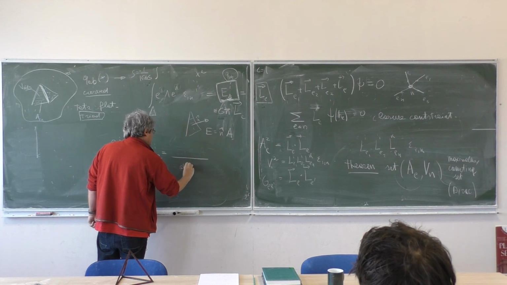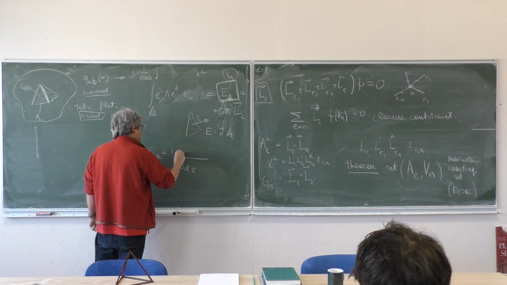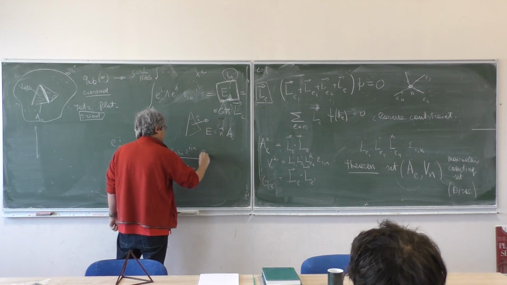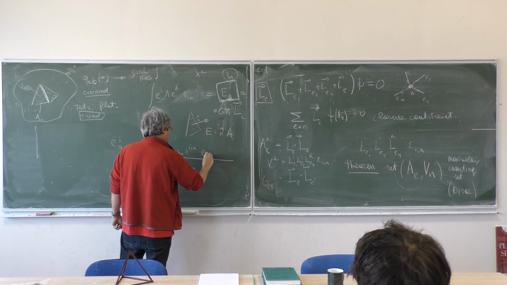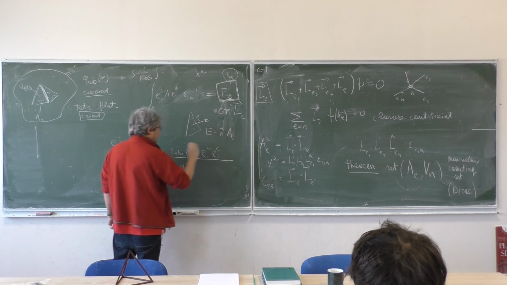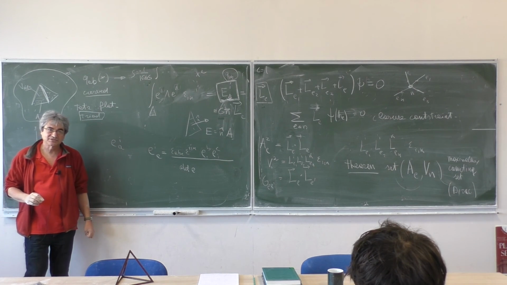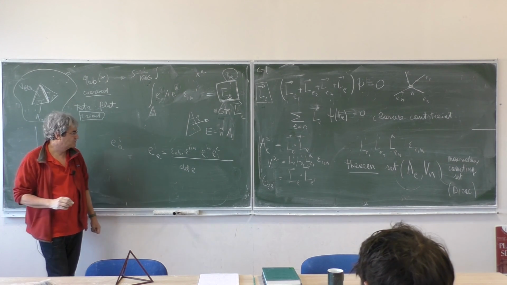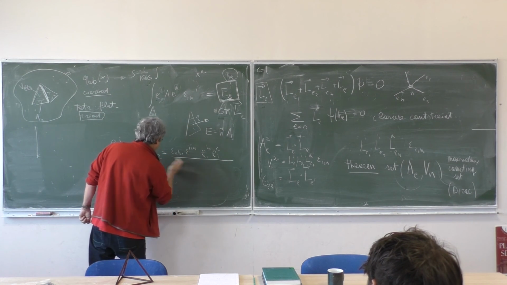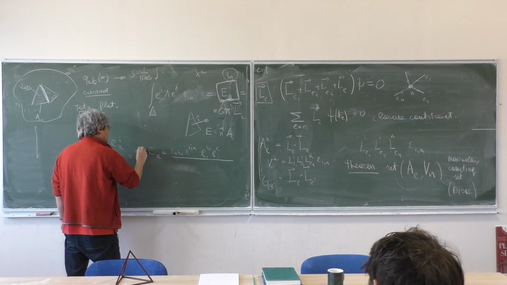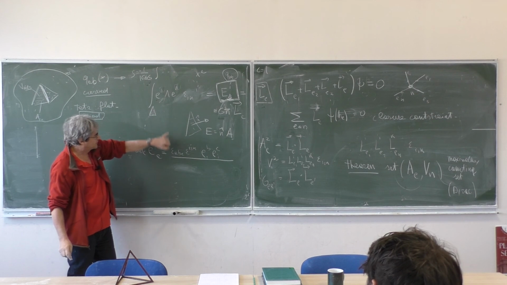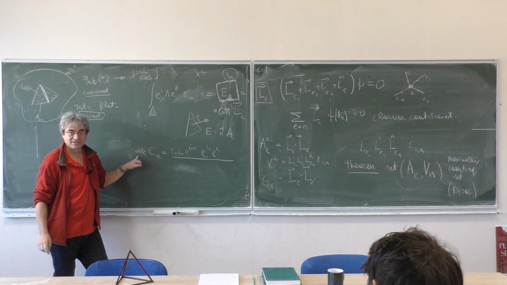It is the determinant of E, epsilon_ABC epsilon^IJK E_J^B E_K^C, right? That's how you invert a 3x3 matrix. The standard formula of inversion of a 3x3 matrix. So you see that this quantity here, I put the determinant here, it's exactly the inverse multiplied by the determinant.